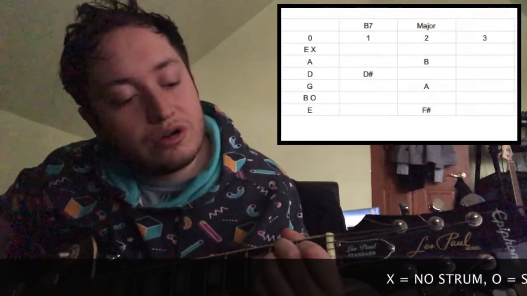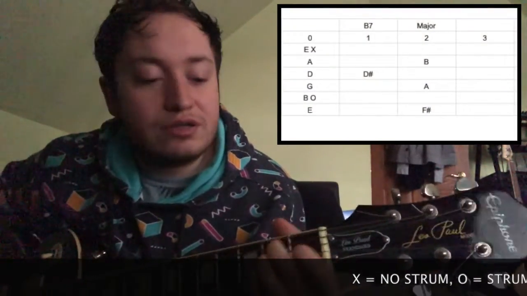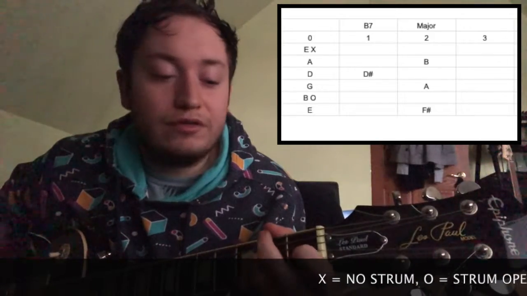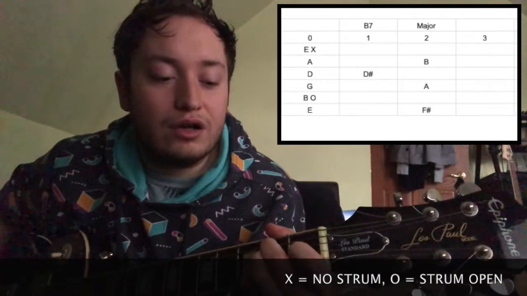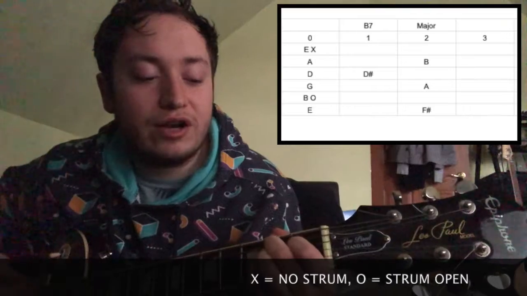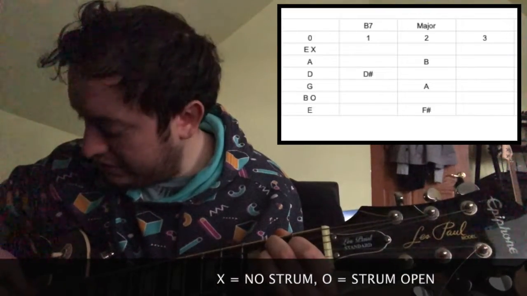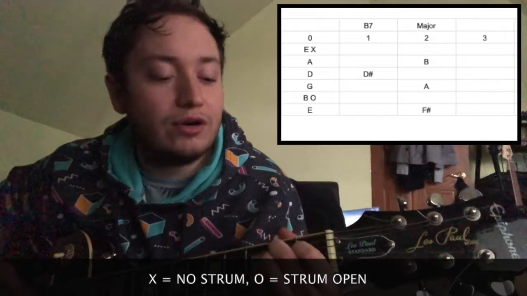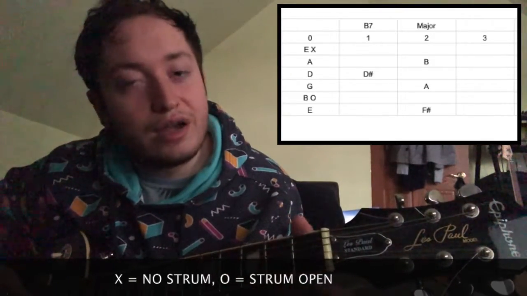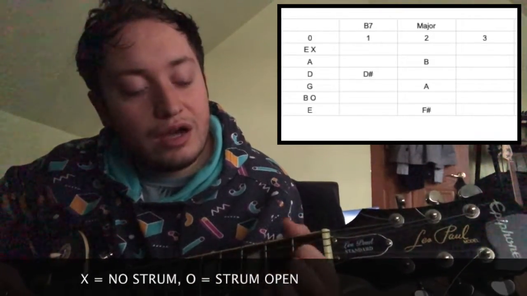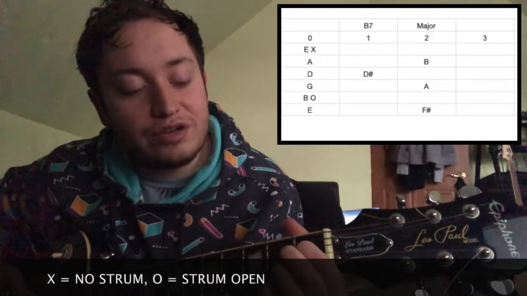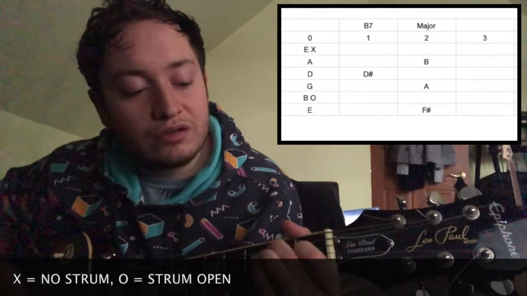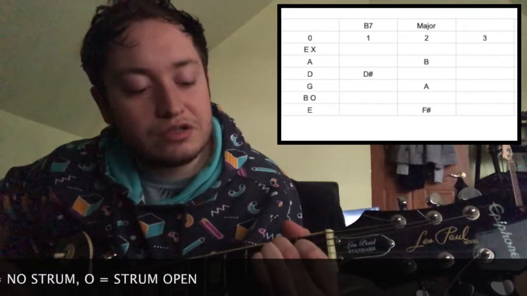Next, we've got the B7, another tricky chord. Gonna put our middle finger on the 2nd fret of the A string, so that's what it sounds like. That's our root of the chord. And then we've got our pointer on the D string, 1st fret. That's what it sounds like.